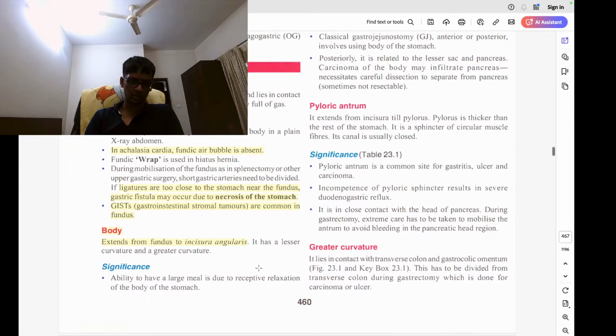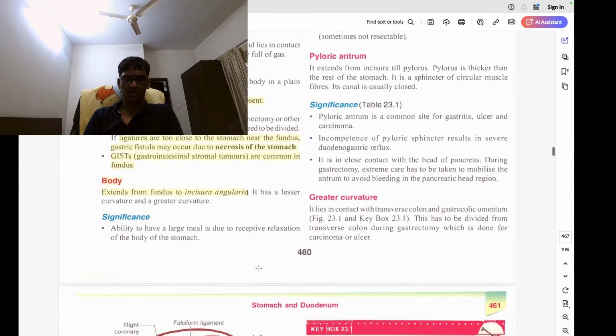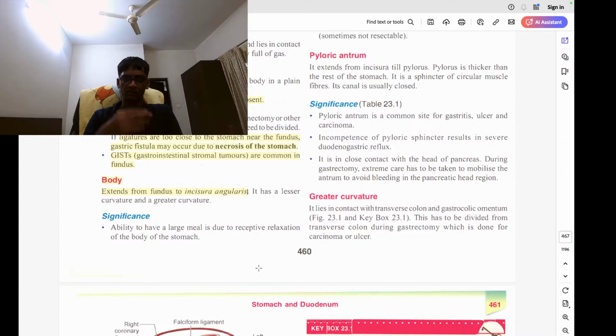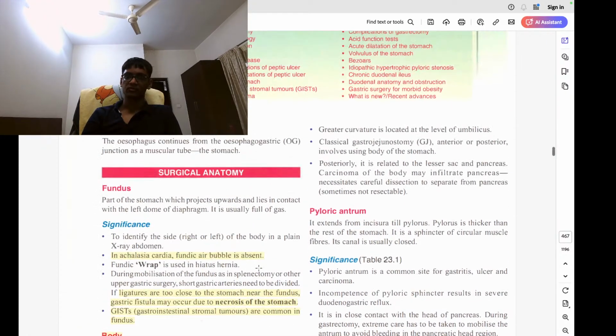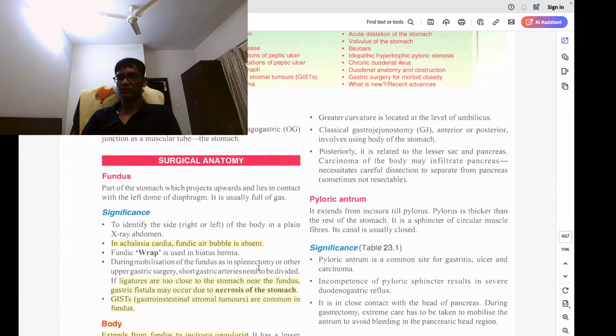It has lesser curvature and greater curvature. Significance: the ability to have a meal is due to receptive relaxation of the body of the stomach. Greater curvature is located at the level of the umbilicus. Classical gastrojejunostomy (GJ), anterior or posterior, involves using the body of the stomach. Posteriorly, it is related to the lesser sac and pancreas.